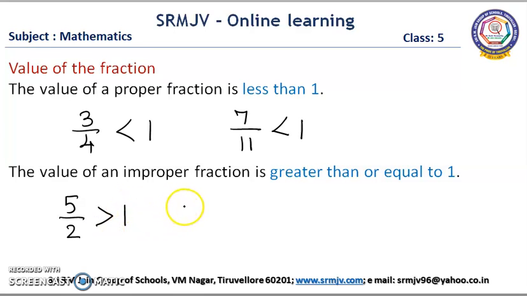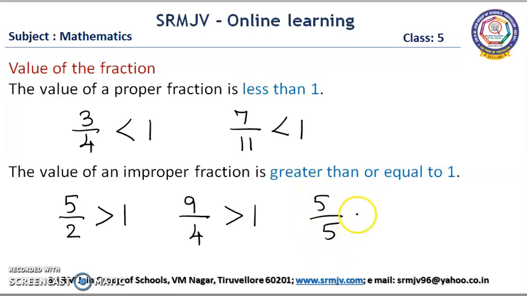Okay, let us see one more example. 9 by 4. Here also, the numerator is greater than the denominator. So, the value of an improper fraction is greater than 1. Okay, now 5 by 5. See, here the numerator is equal to the denominator, isn't it?